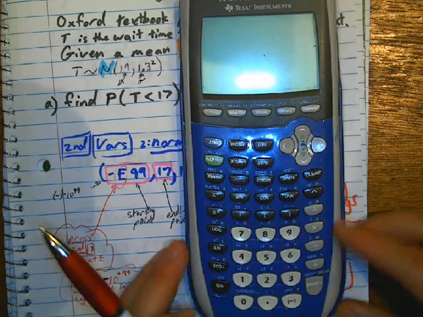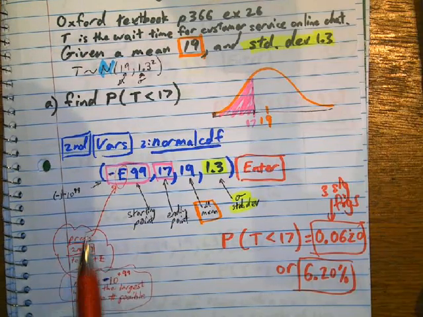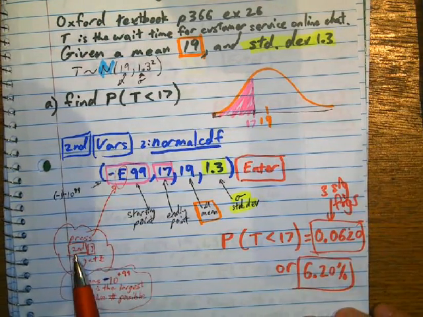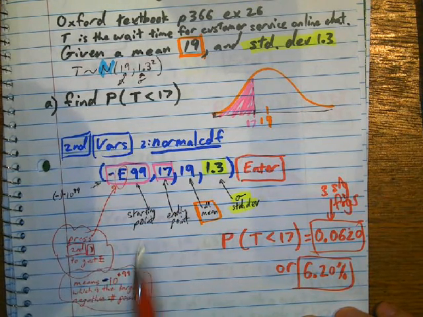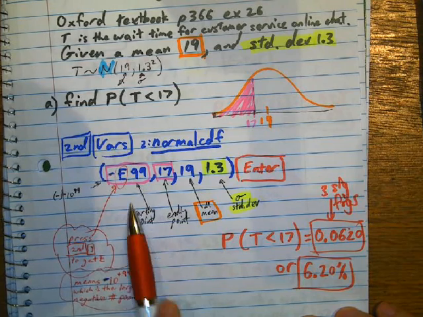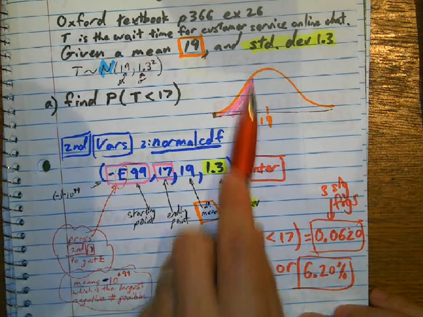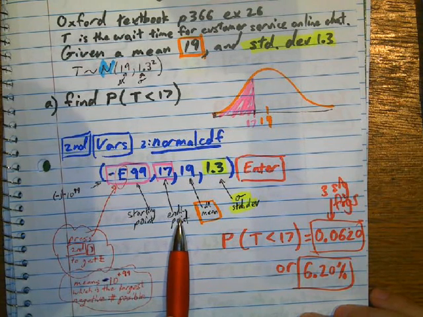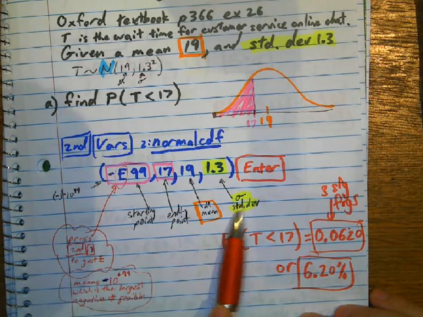Do not make a mistake: it's not the minus sign, it's the negative button right here. Then you press second and comma to get this E, and then 99. That's the lowest point, the highest point is 17, and then we type in the mean and then the standard deviation and enter, and that gets us our answer.